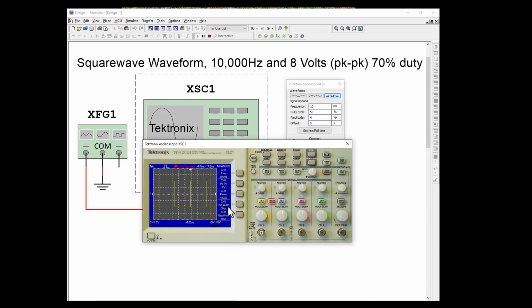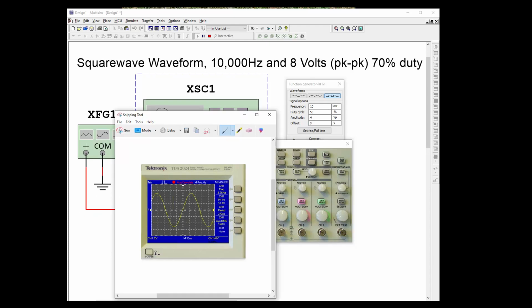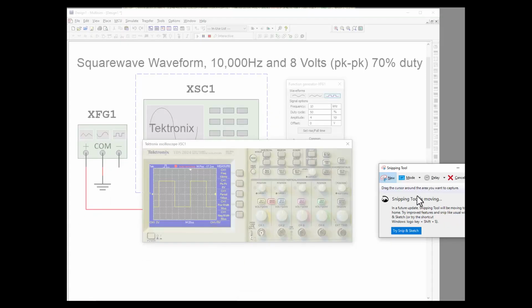So I could take the positive width divided by the period. So we have 50 divided by 100 is 50%. So we could utilize this in order to change the duty cycle. So there's a couple ways we do that. First thing let's do is take a picture of this guy to make sure that it's going through.